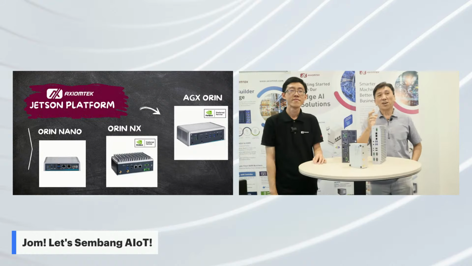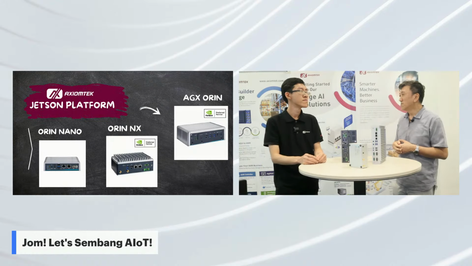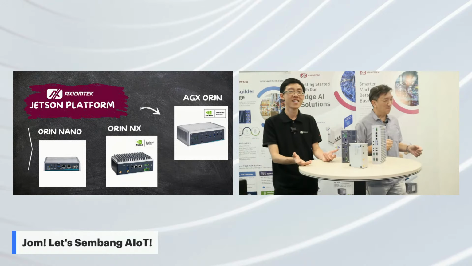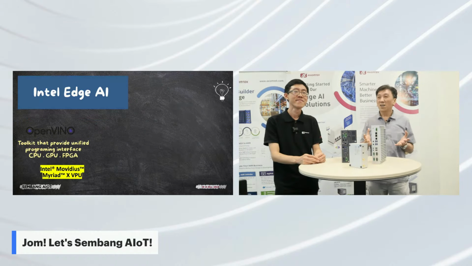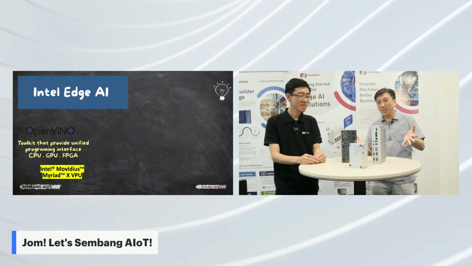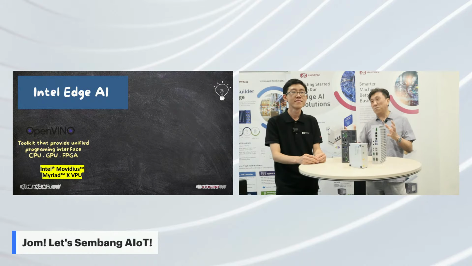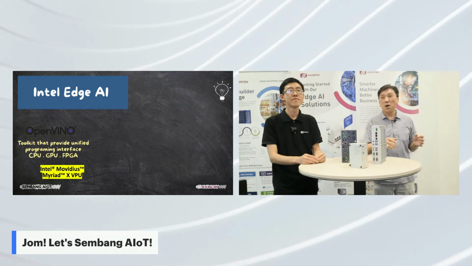And when you are talking about Jetson, what about Intel? Yeah, Intel has OpenVINO. Let's move on to Intel. So Jetson has its own Edge AI platform. Of course, Intel also has another AI platform.